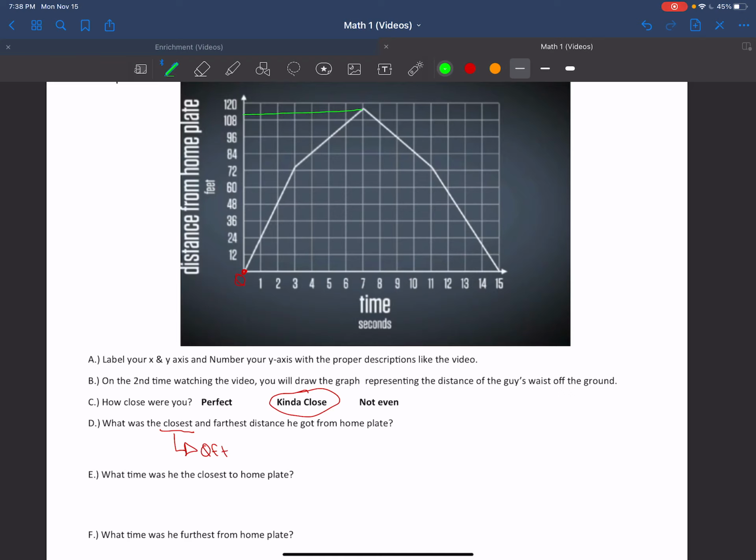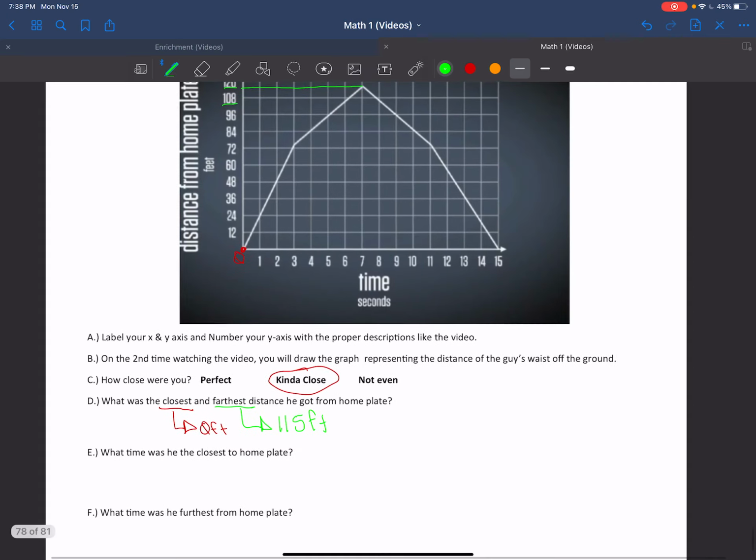That's the tippy top of my graph. I drew my line kind of crooked, but I'm going to say the furthest he was away was about 115 feet, right? Because this goes from 108 to 120, and it's a little bit more than halfway in between. So I'm going to say that's about 115.